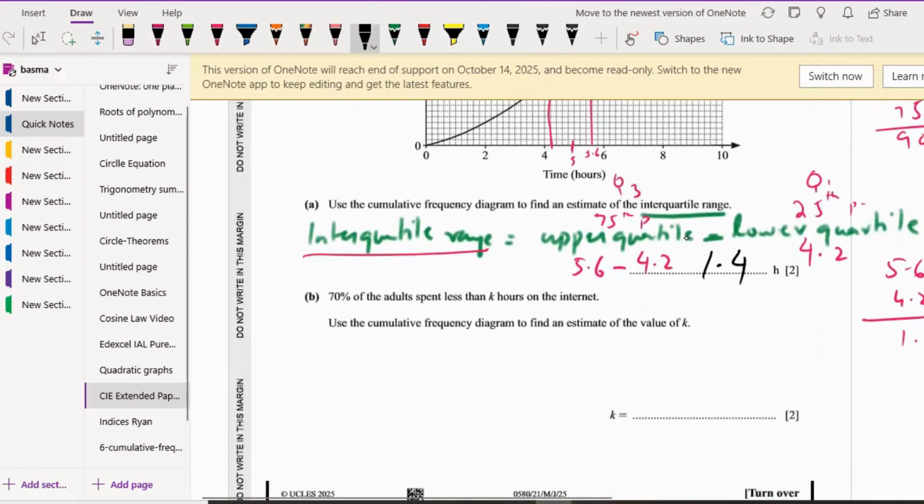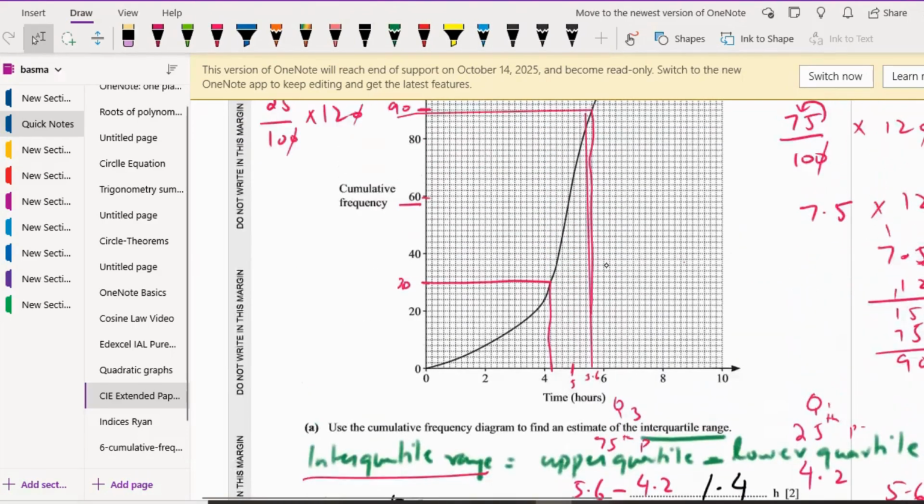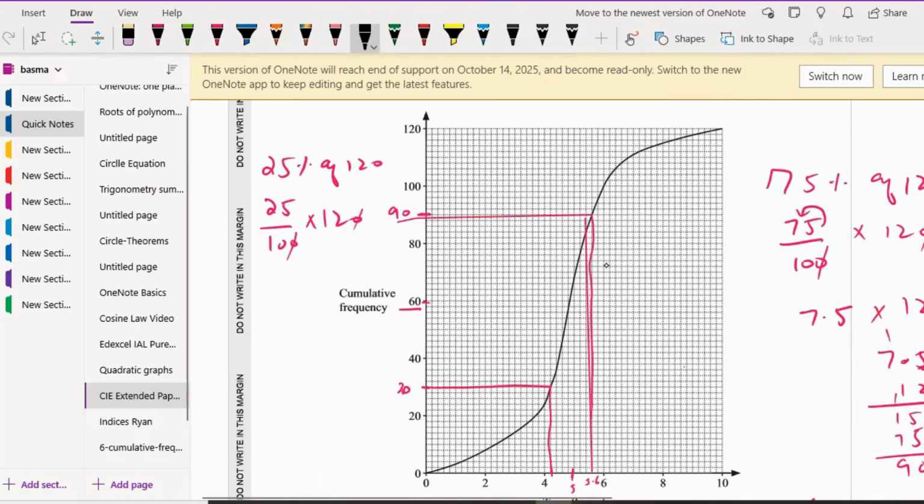Now 70% of the adults, we know there are a total of 120 adults, spend less than k hours on the internet. Use the cumulative frequency diagram to find an estimate of the value of k. So we have to find the 70%. As you know, 50% of 120 is 60.